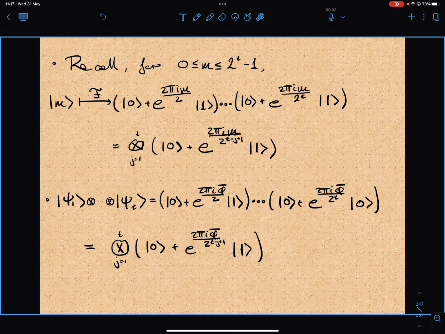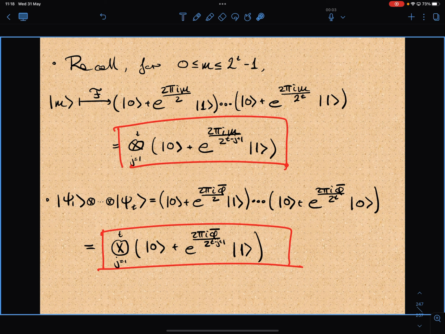And I just recall now the way that I prepared my psi states, and it's given by this formula where we have here the powers of 2, and then we have phi bar, which is in this range, which is important. And we have that this tensor product of qubits is equal to this. The thing to note is that it matches this.